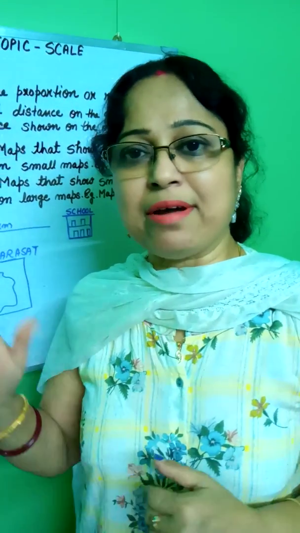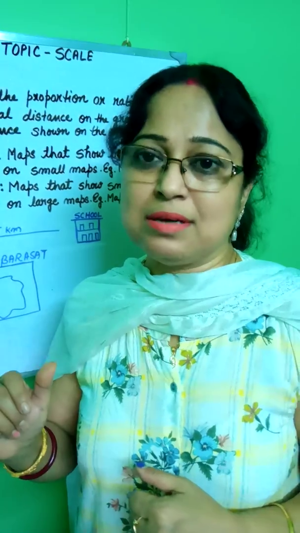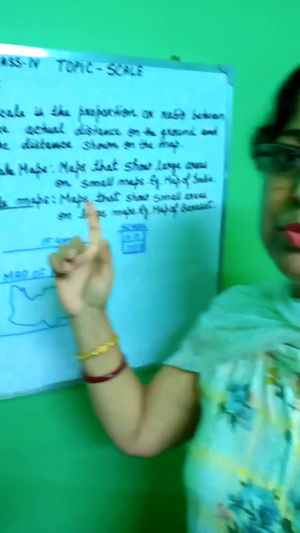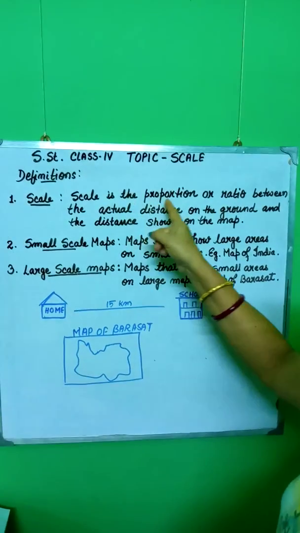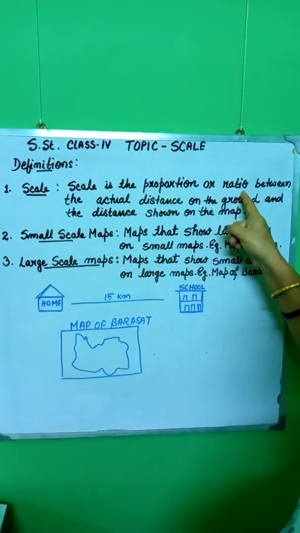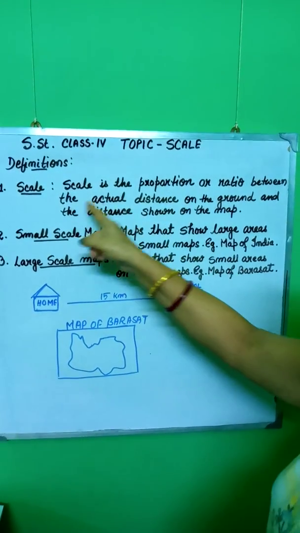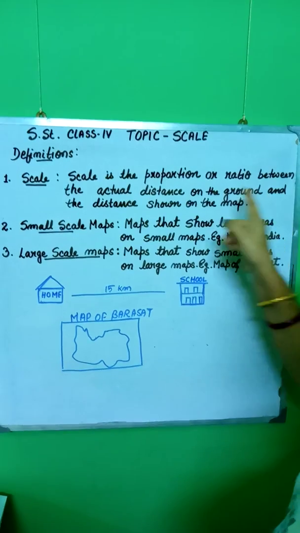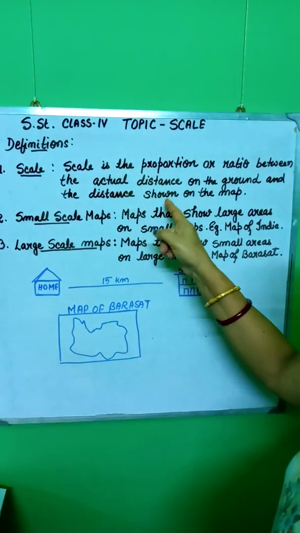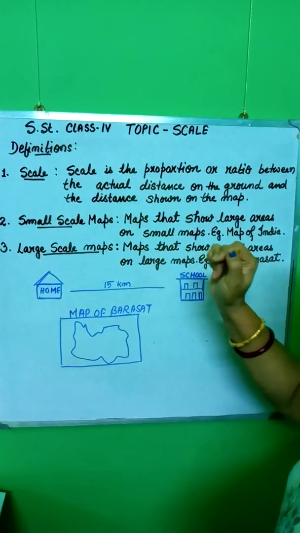First, we will read the definition of the scale. Look at the board. Scale is the proportion or ratio between the actual distance on the ground and the distance shown on the map.